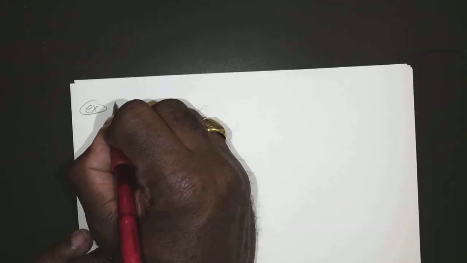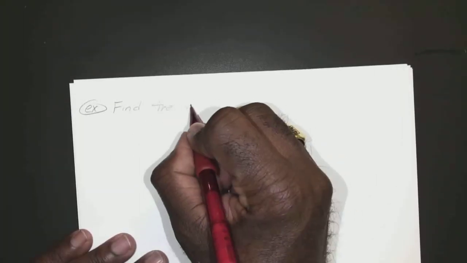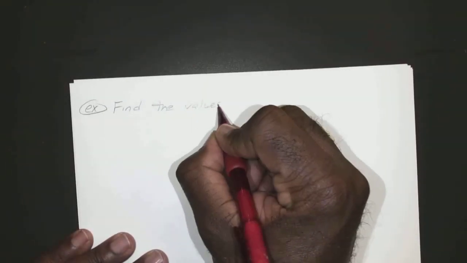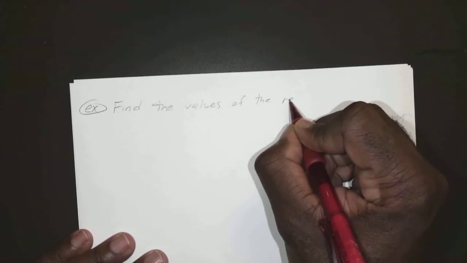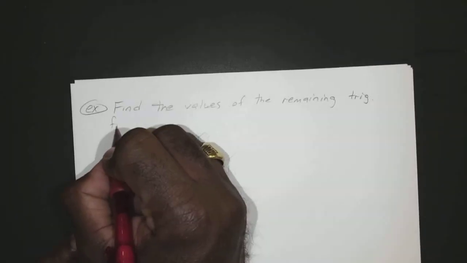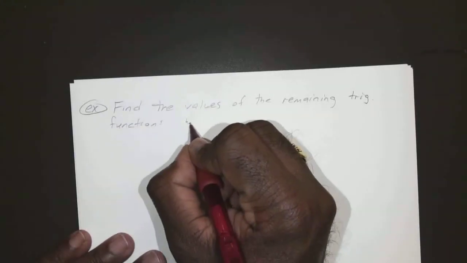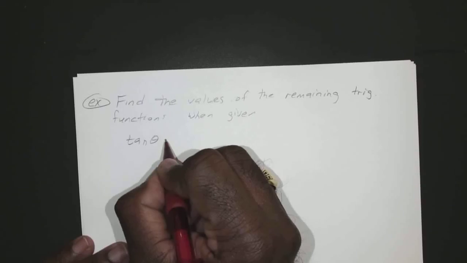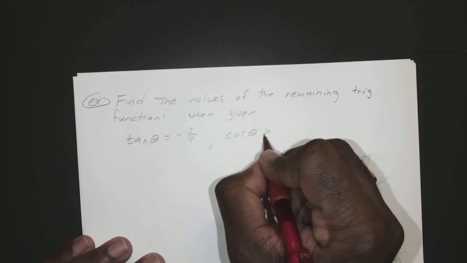So let's say if we have the example, let's say if we wanted to find the values of the remaining trig functions when given tangent of theta is equal to negative 3 over 4 and cosine of theta is greater than 0.